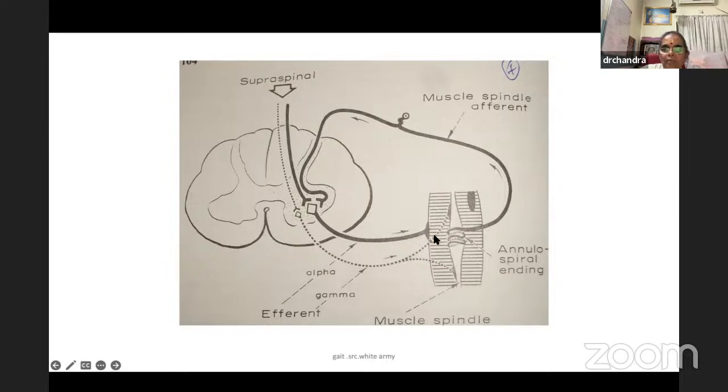Either it's a willed movement or an enforced movement. Enforced movement, extrafusal structure, skeletal muscle structures, and secondarily the intrafusal structures. Willed movement, intrafusal structures, and secondarily the extrafusal is stretched. However, there is a coordination taking place in the spinal cord, which is controlled in turn by the supraspinal mechanisms.